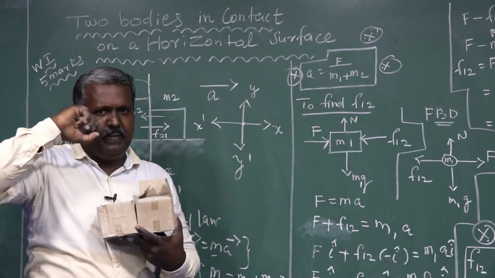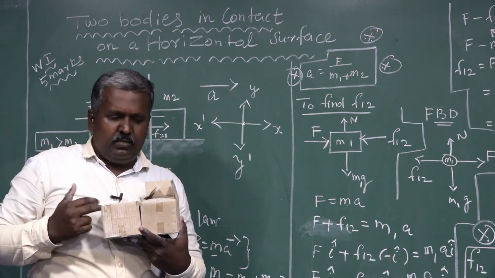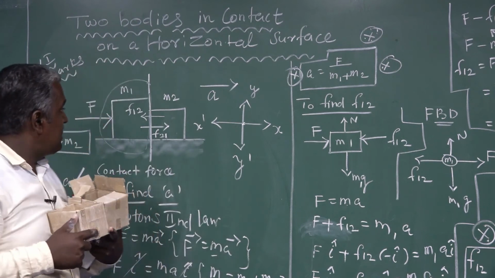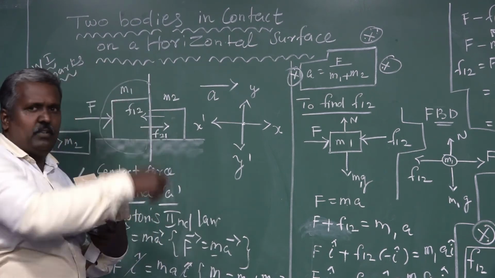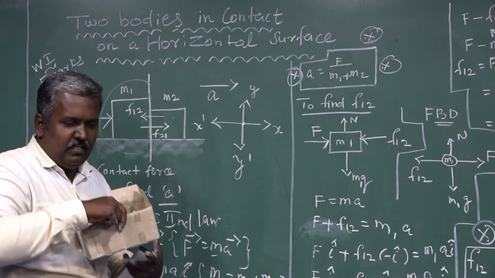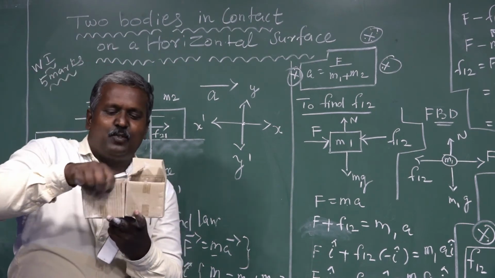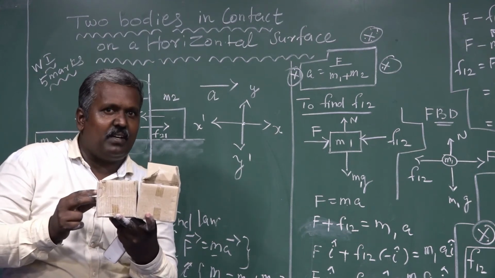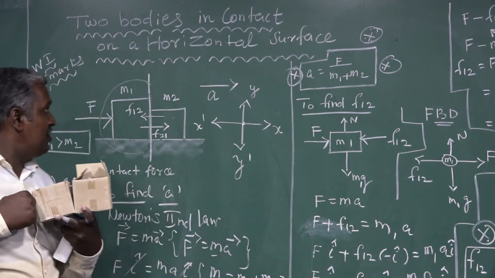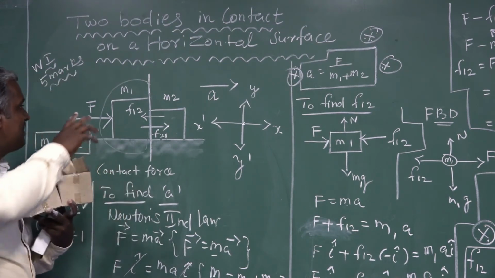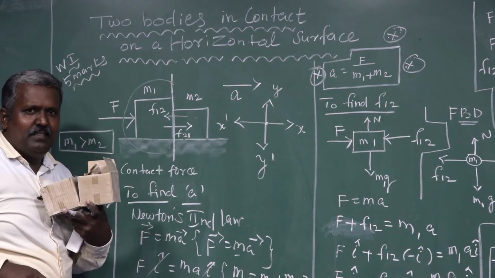That is important. By 1 on 2 is called F21 vector. So by 1 on 2 means only one force is acting. Which one? Yes, F21, not capital F.